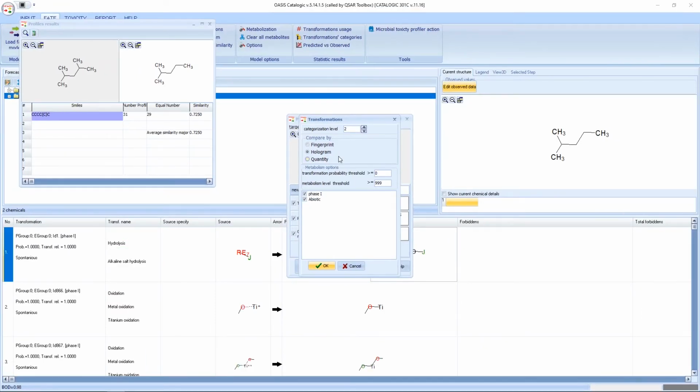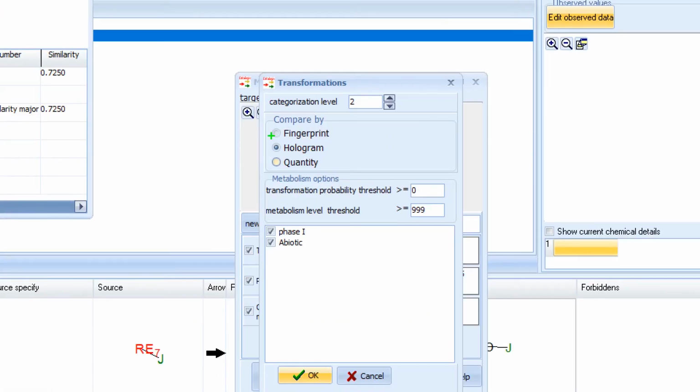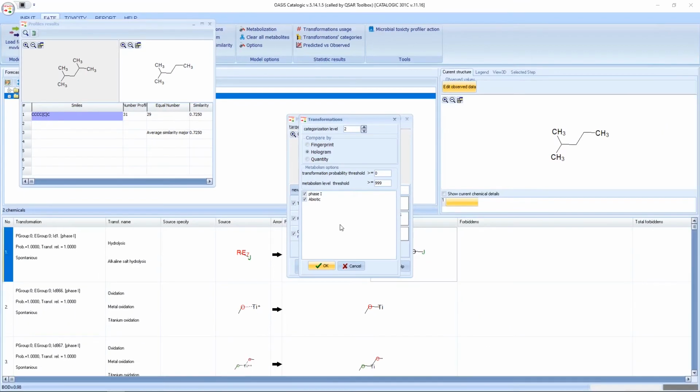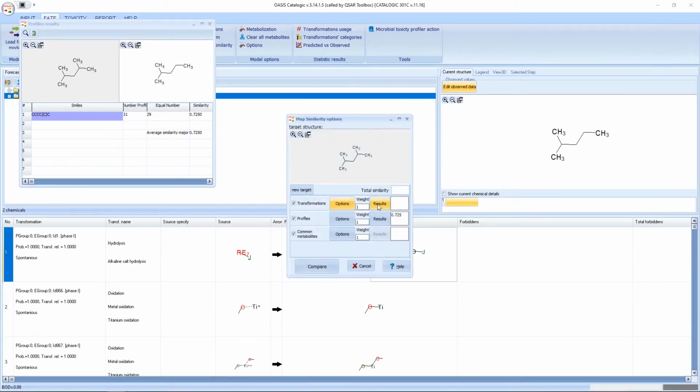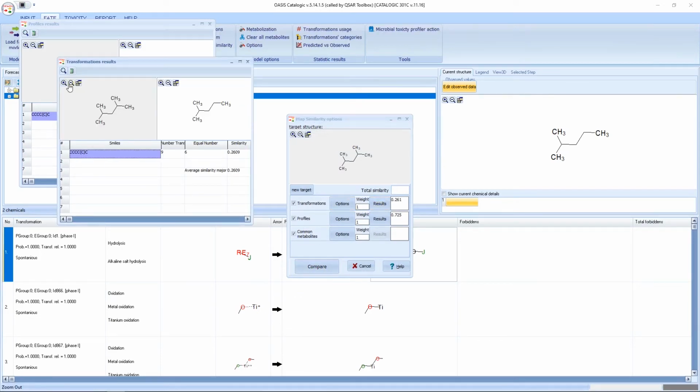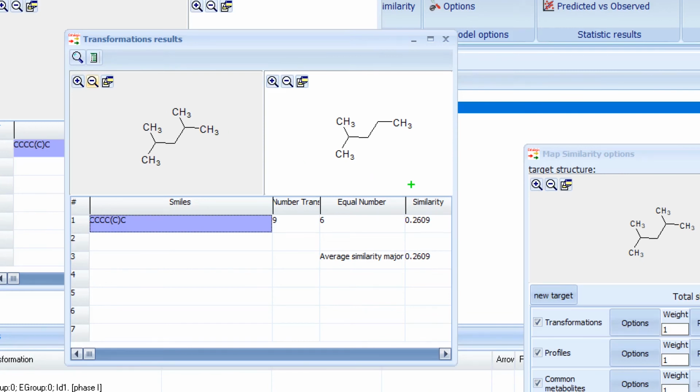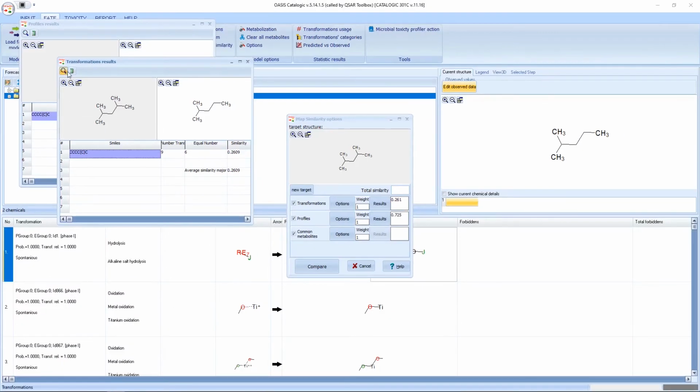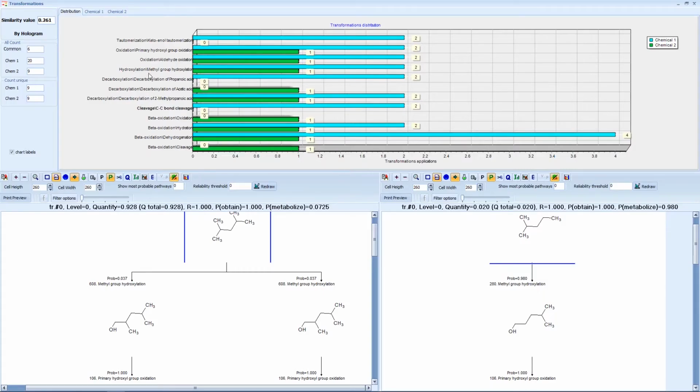In our case, we will compare the simulated maps by frequency of application of the metabolic transformations. The similarity results show that the compared chemicals possess different metabolism, although they are structurally quite similar as parents.